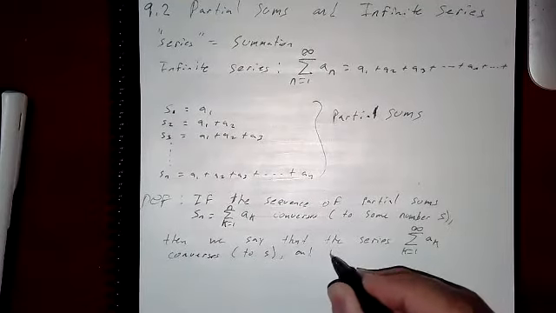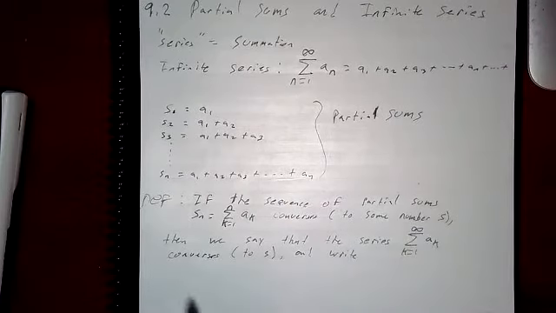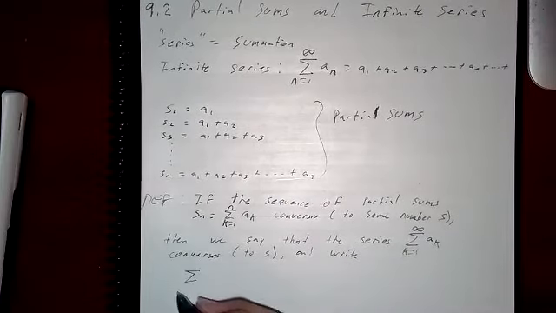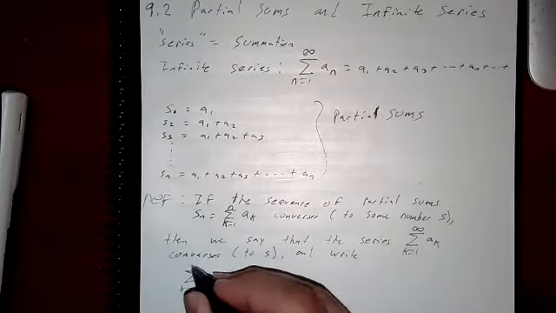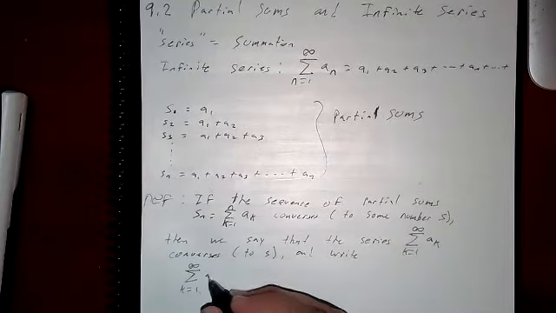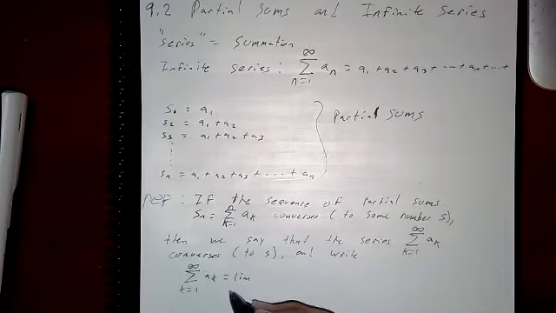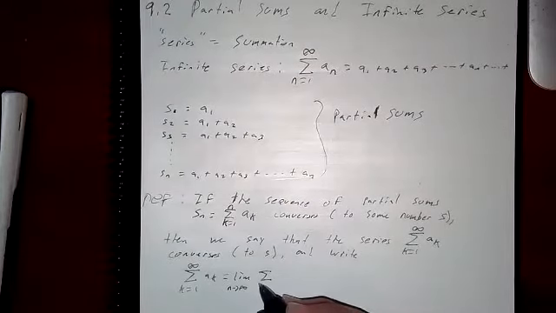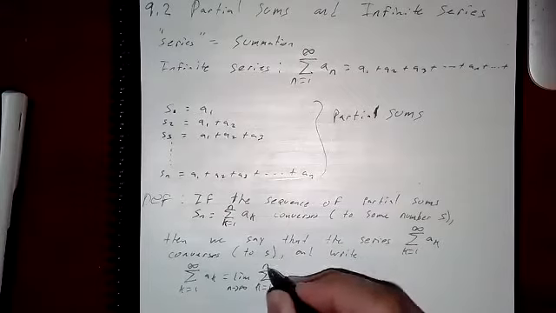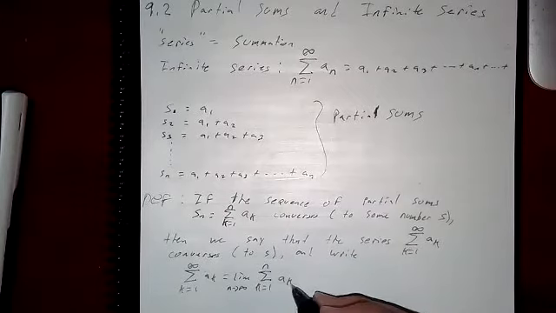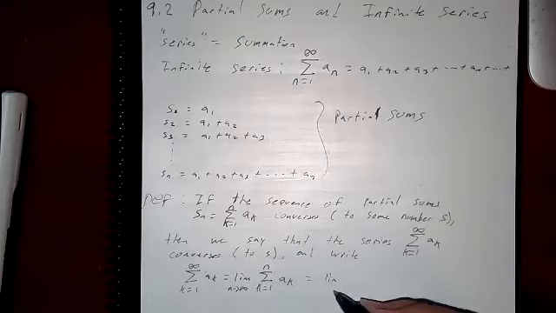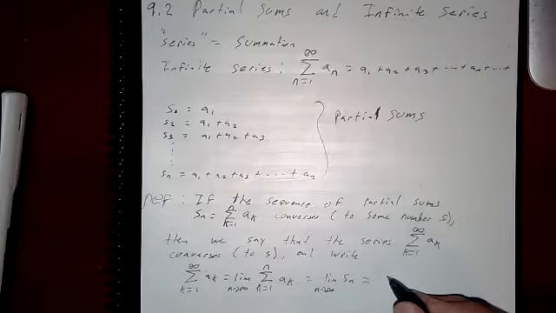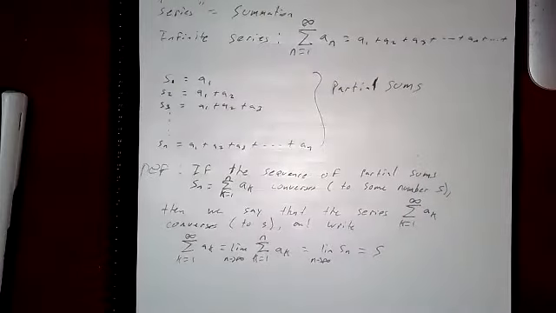And we write it this way. Okay. So the sum k equal to 1 to infinity of a sub k is equal to the limit as n approaches infinity of the sum k equals 1 to n of a sub k, which is equal to the limit of the partial sums, which would equal S. Okay.